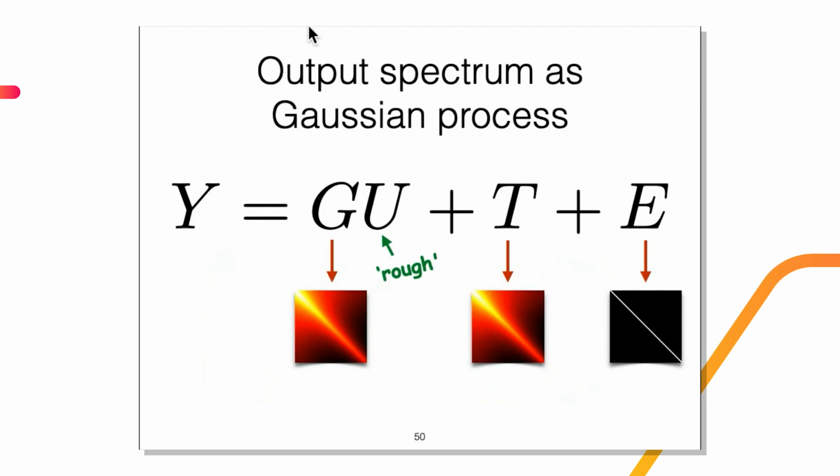U is rough. Rough in the sense that it varies rapidly over the frequency domain. Otherwise, you will not be able to distinguish G times U and T in the output spectrum. So all of this is a sum of 3 Gaussian processes, which as a result gives a final Gaussian process, which is the output spectrum.